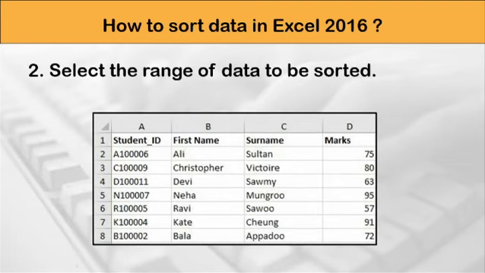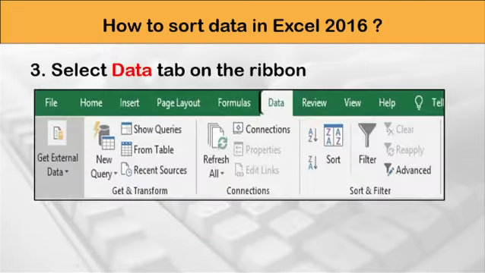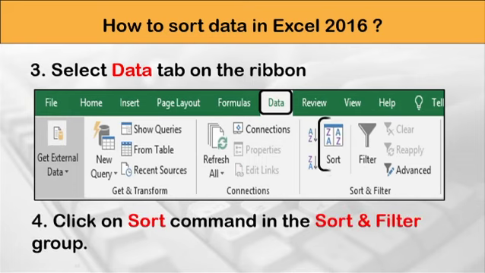The next step is to select the range of data to be sorted. Here, from A1 to D8. Select the Data tab and click on the Sort command in the Sort and Filter group.